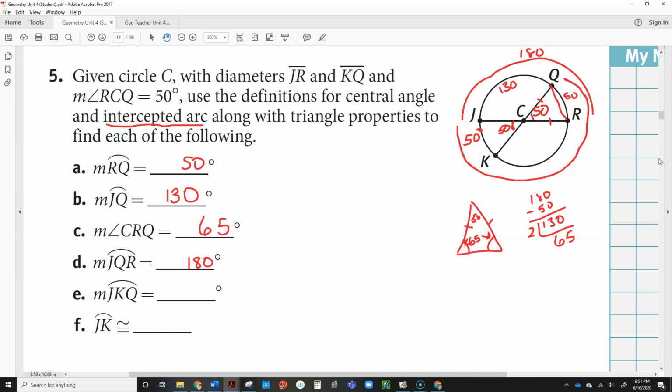That's 180 degrees. And then we're adding on that last 50. So it's 180 plus the 50. So 8 and 5 is 3. Carry the 1. So that looks like it's 230 degrees. And then the measure of arc JK, we've already written that down. That was 50 degrees.